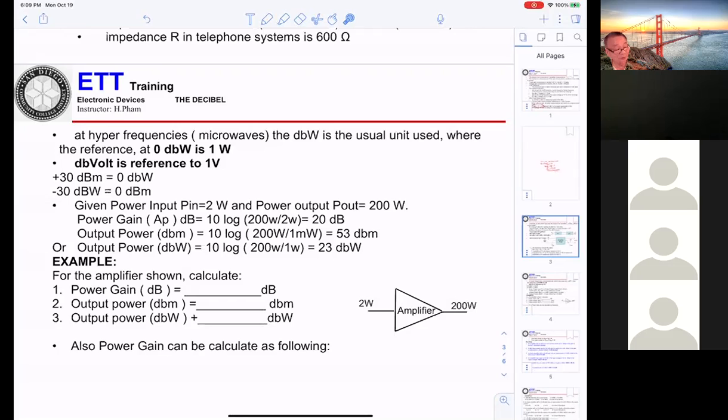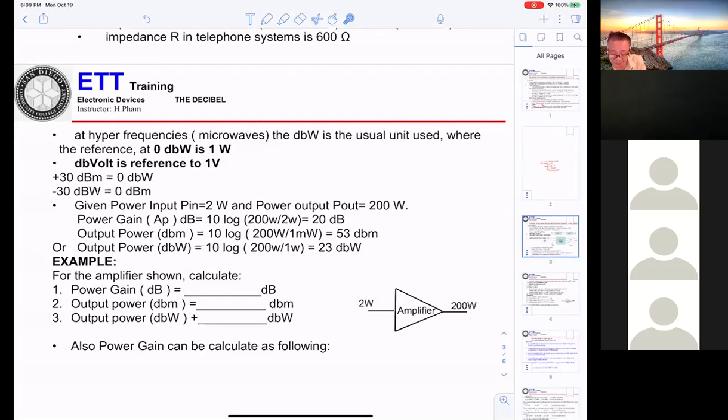We already know 0 dBm equals 1 milliwatt, and 0 dB watt equals 1 watt. dB volt will be referenced to 1 volt, so 0 dB volt is referenced to 1 volt. Okay?